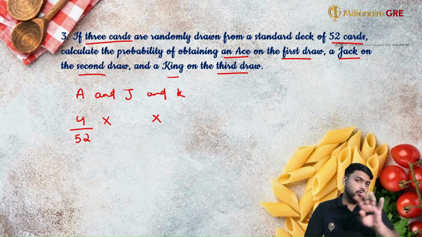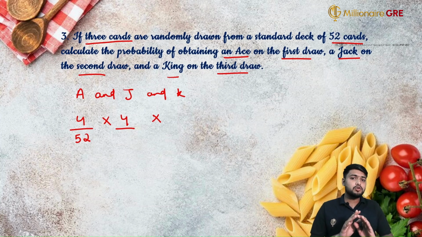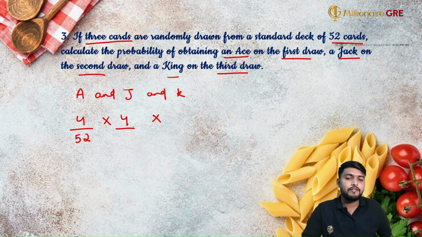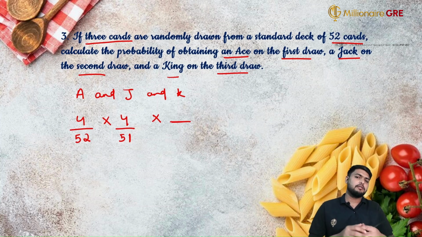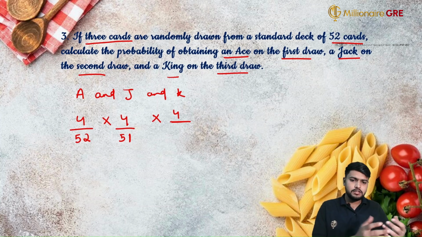1 jack out of 4 jacks can be chosen in 4C1 ways, which is also 4. The second card would be chosen out of 51 remaining cards. So the denominator will be 51C1, which is simply 51. Third card is a king. Again, there are 4 kings. 1 king out of 4 kings can be chosen in 4C1 ways or 4 ways.